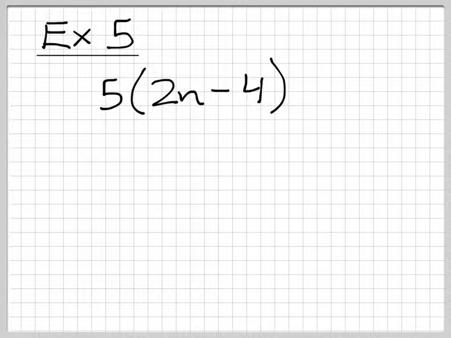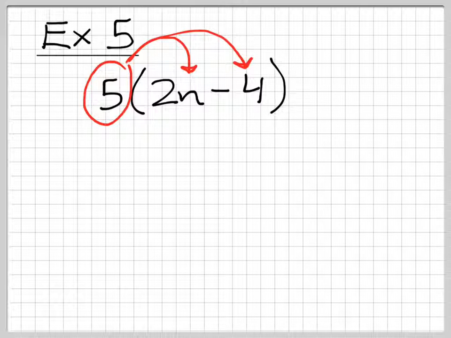Okay? What I would like you to do is circle the 5 and draw 2 arrows for me. Okay, and over here I'm going to put a little side note. We call this distributing. I'm going to say distribute.